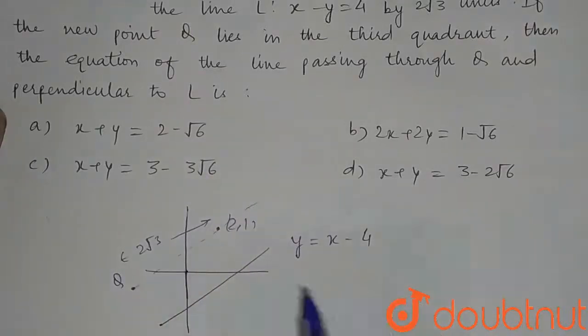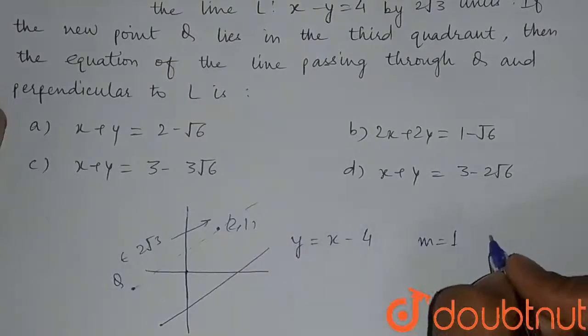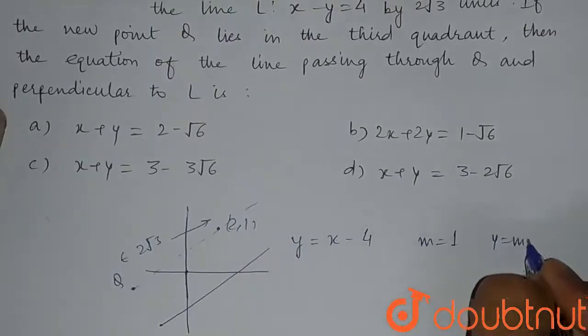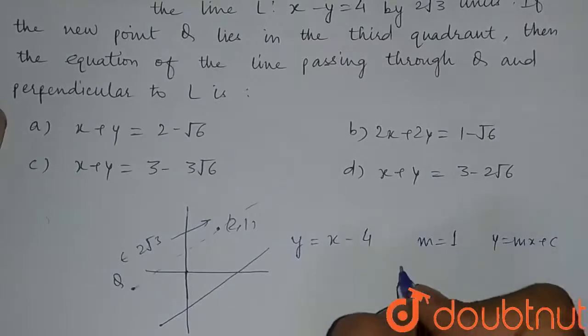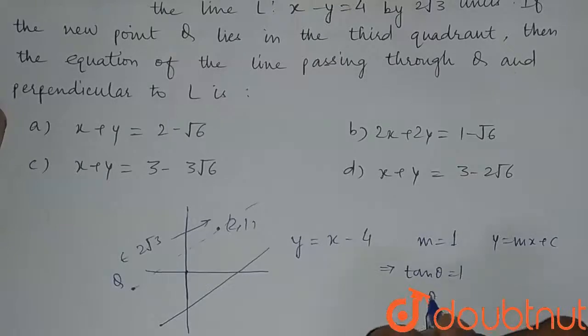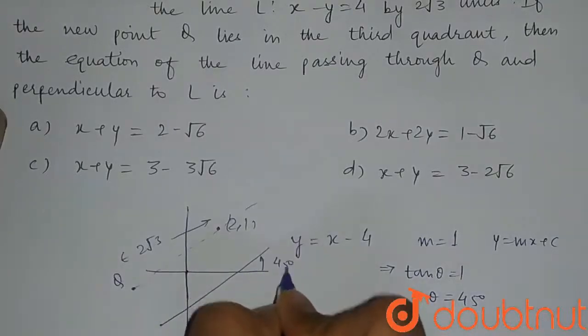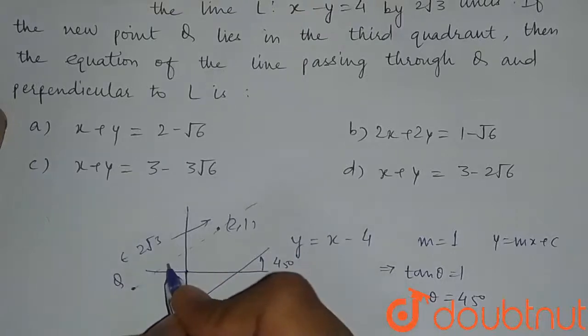Now we know that the slope of this line, m, is equal to 1. On comparing with y equals mx plus c, we have m equals 1. This implies that tan theta equals 1, or theta equals 45 degrees. So this angle is 45 degrees, and this line also will have 45 degrees.